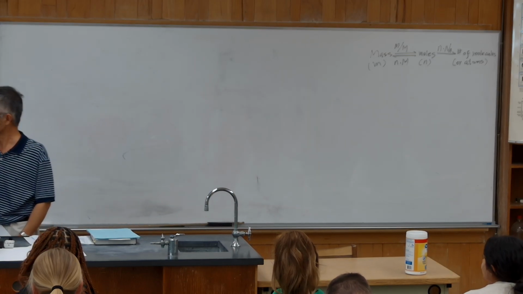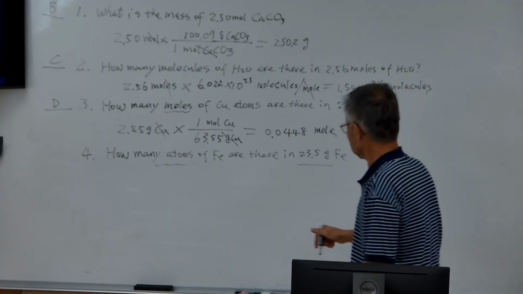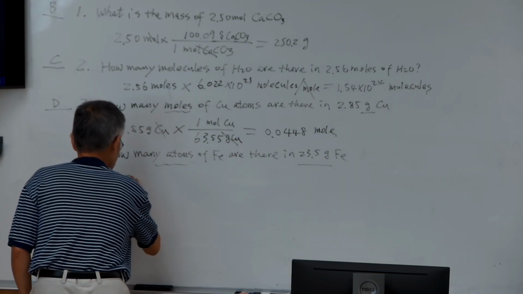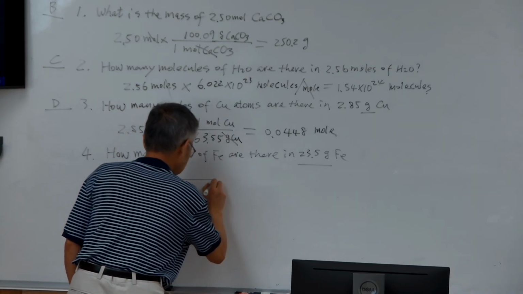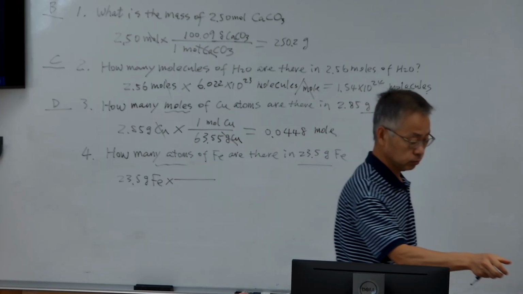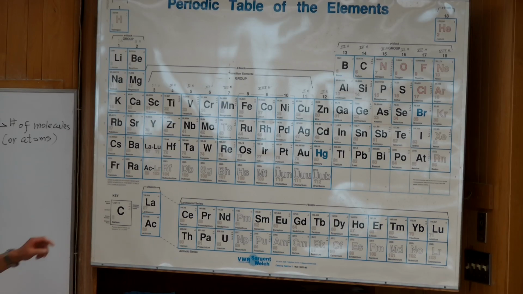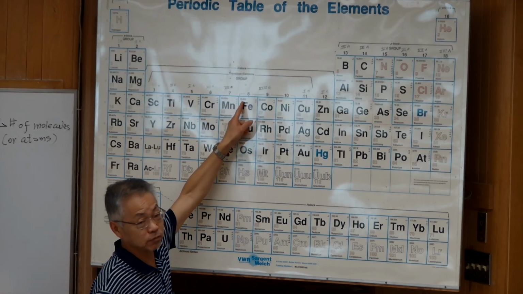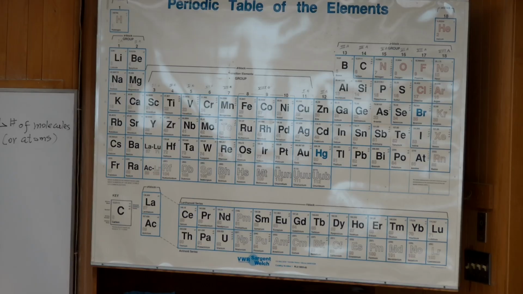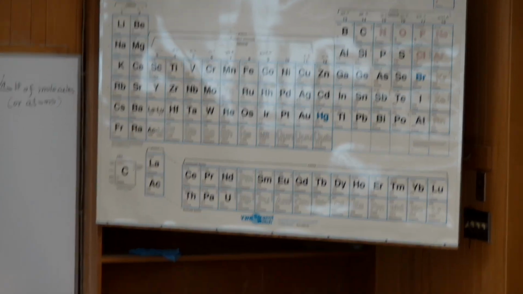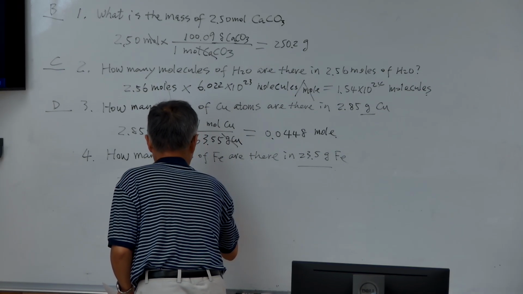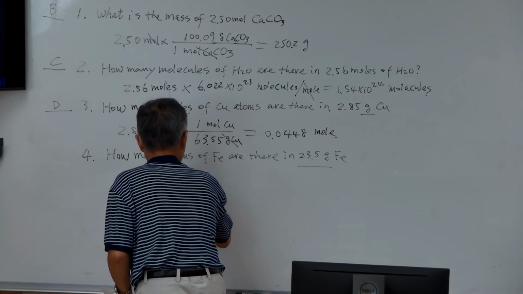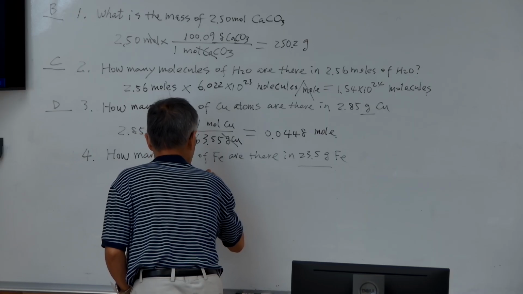All right. 23.5 grams iron divided by molar mass. Take a look at the periodic table. The iron here is 55.85 grams per 1 mole of iron.